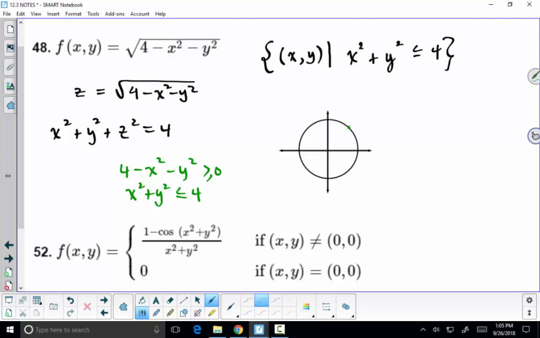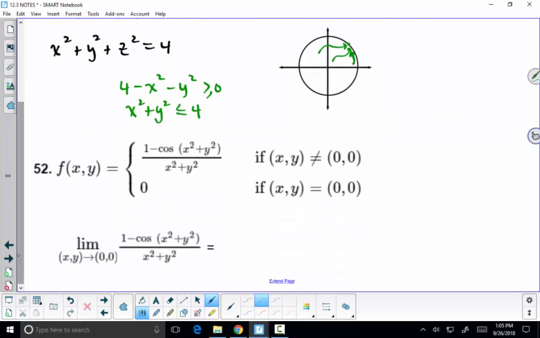To be continuous at a point here, it must be continuous along all the paths that lead up to that point. So we can't go outside the disk. When analyzing continuity at a boundary point, we're imagining that all the paths that lead to that point have the same thing going on. It's got to be continuous along all those paths.